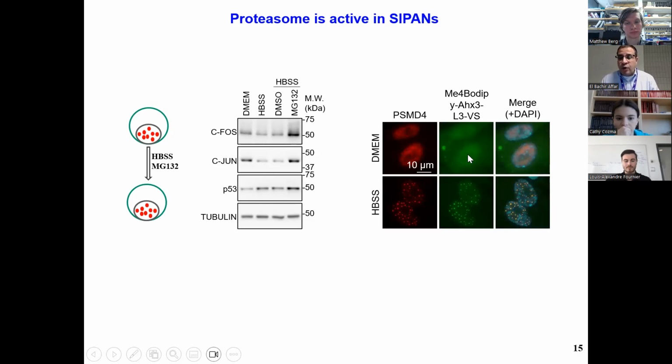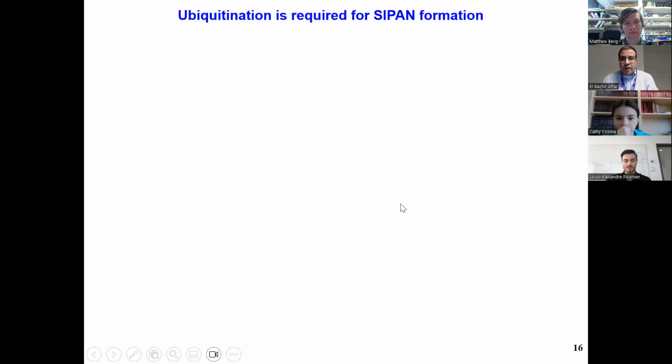We also use this proteasome activity probe, and you can see nicely the co-localization of this activity probe with the proteasome foci.